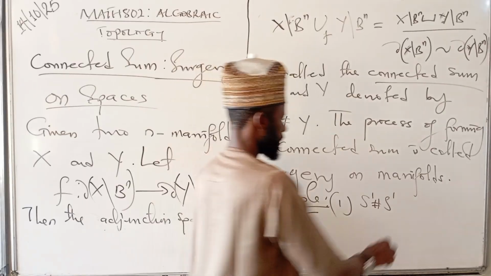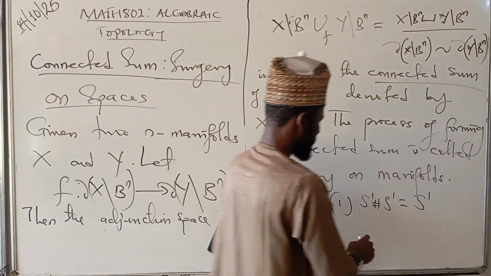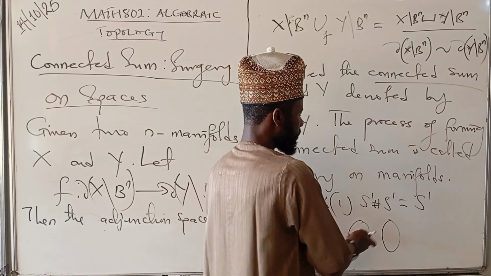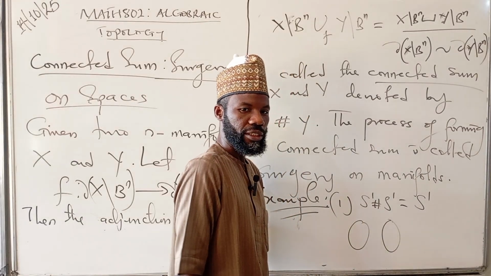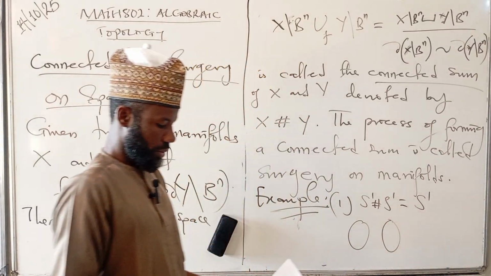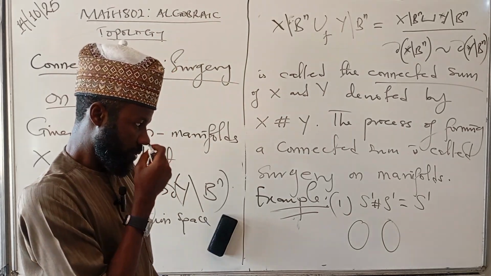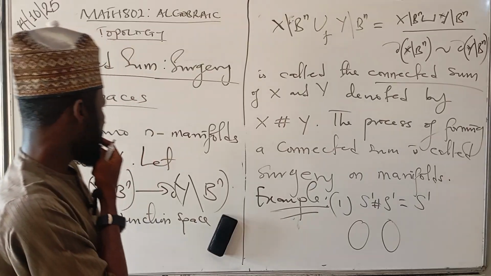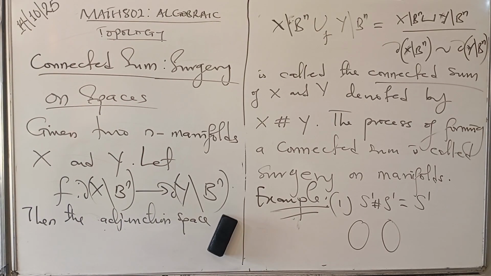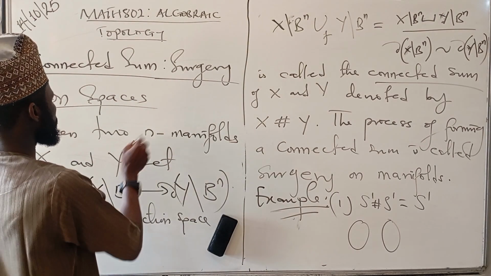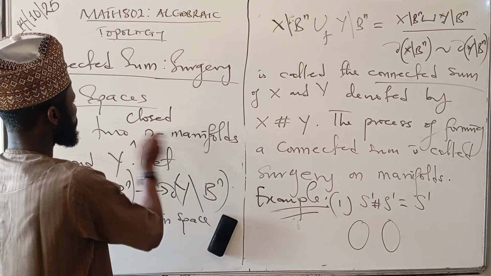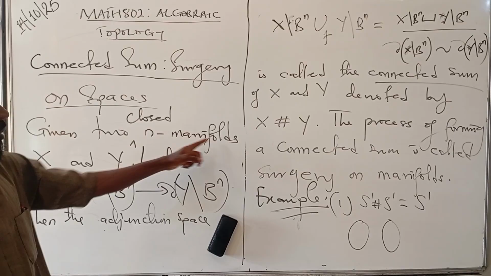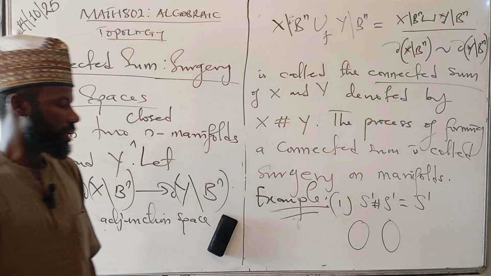This will still be a circle, because if you have a circle and another circle, this is one-dimensional. If you create a boundary, because this is a closed manifold, we assume closed manifolds without boundary.